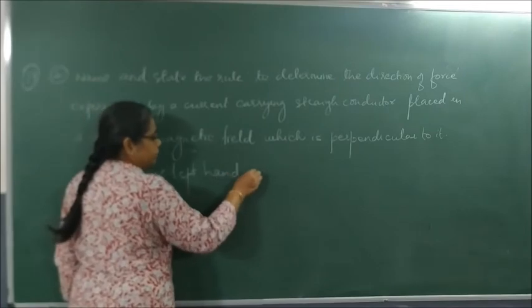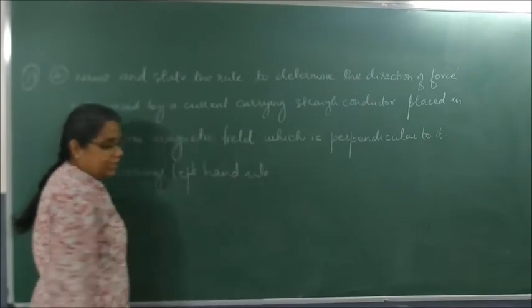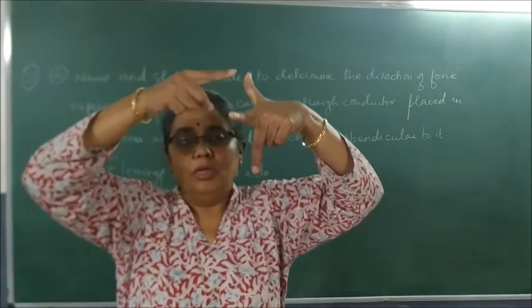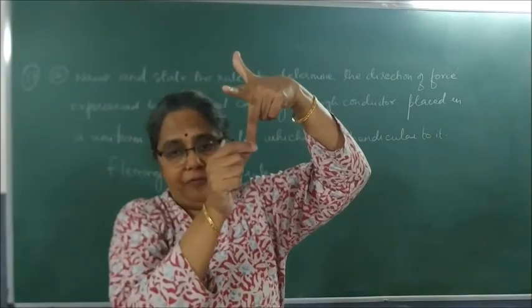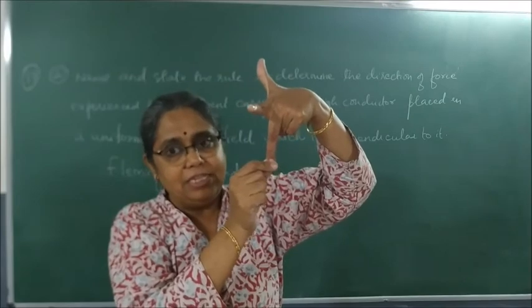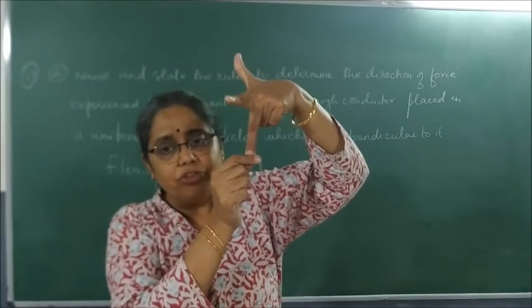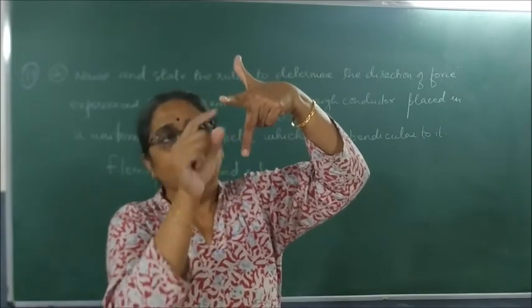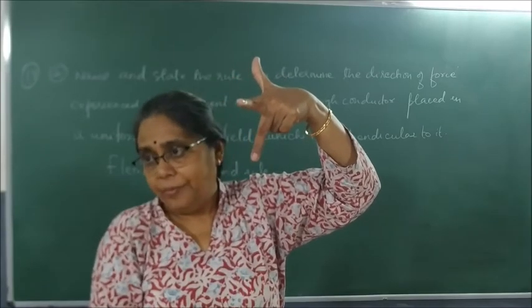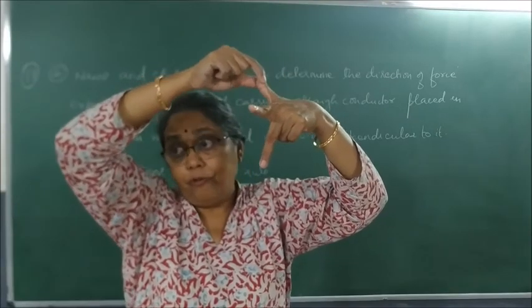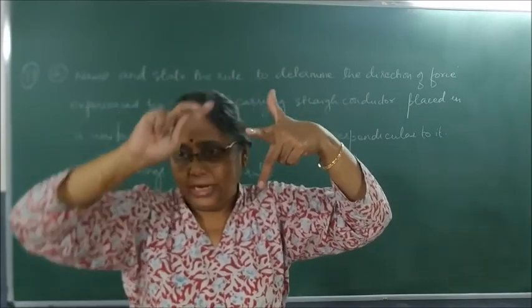And how do you state it? I am not writing it, but I am explaining it. Stretch the thumb, the forefinger and the middle finger of your left hand in such a way that they are mutually perpendicular. Then the middle finger shows the direction of current, the forefinger shows the direction of magnetic field, and the thumb shows the direction of magnetic force or the movement of the conductor.